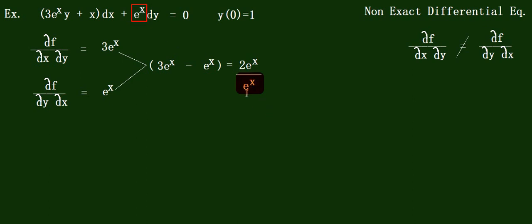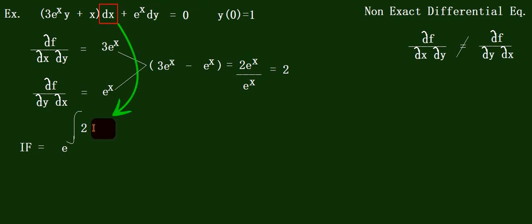Now you can cancel out e power x from both the numerator and denominator, so it will result in 2. So now we will find the integrating factor by writing like this. Now you need to place 2 here, and now we need to write the opposite variable present here, because we have taken the denominator as e to the power x and we have a dy in front of it, so we need to change the variable, which is dx, and write it here.